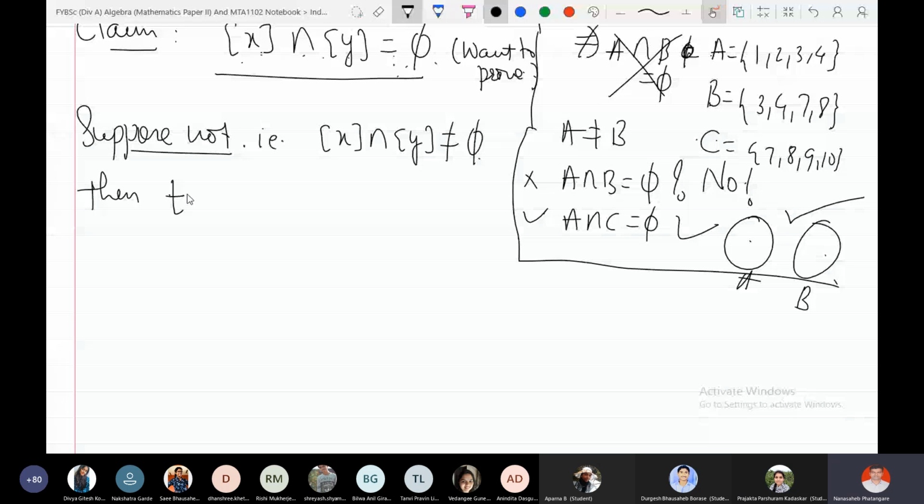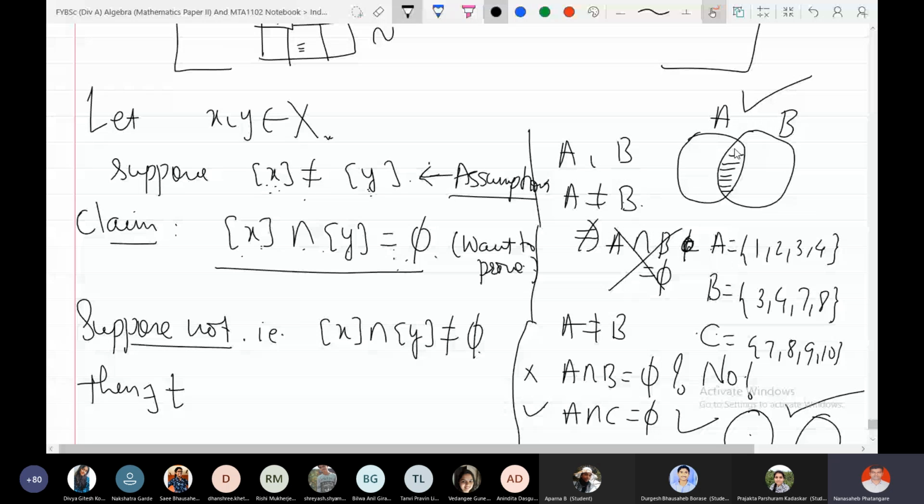Intersection non-empty means what? So now these two sets, A and B, have non-empty intersection, but the sets are not the same. Do you understand? Yes.